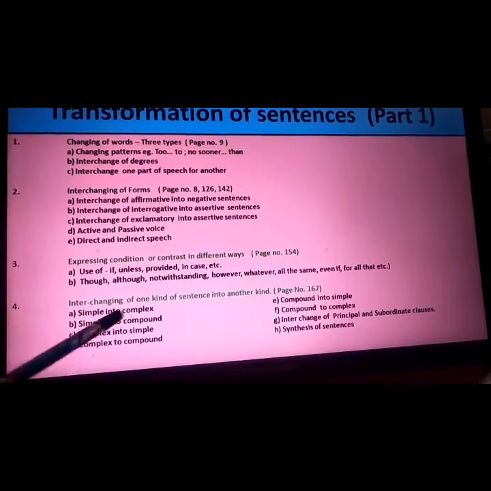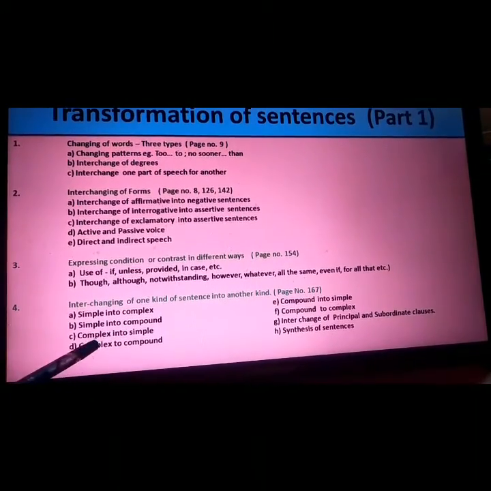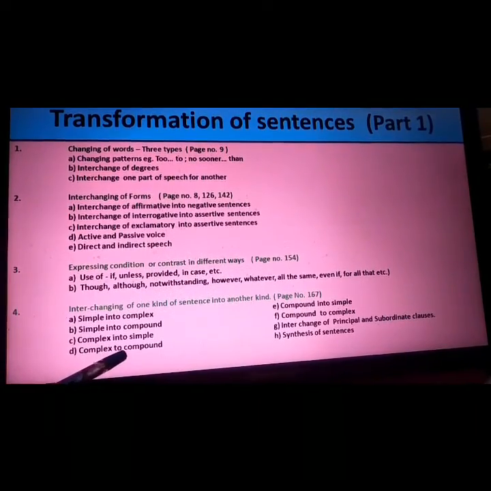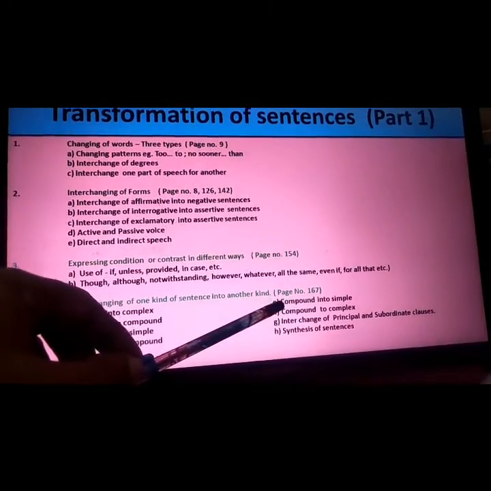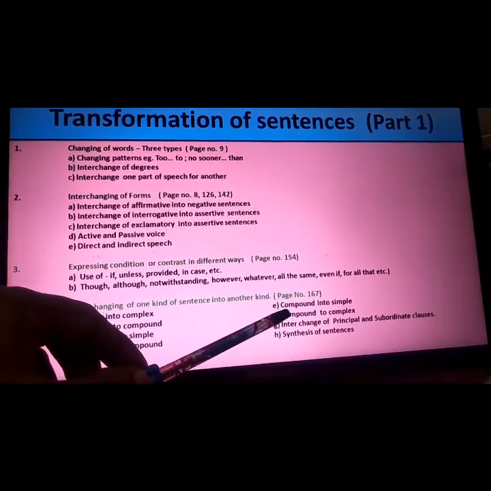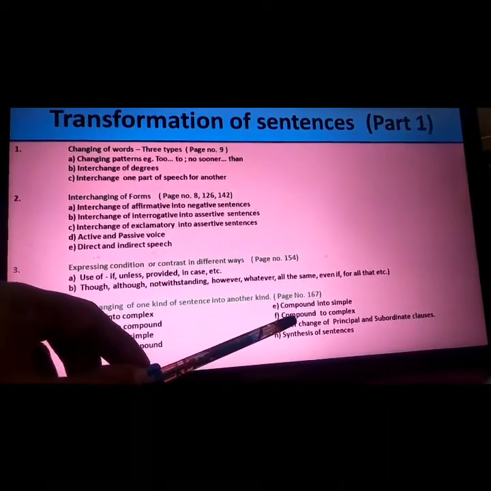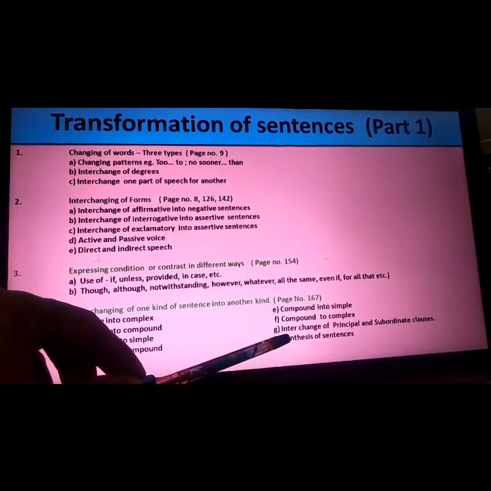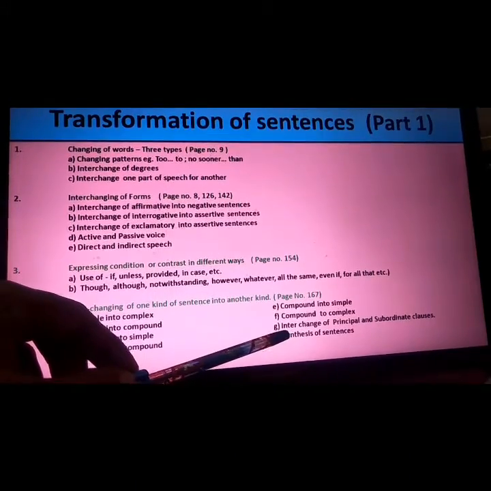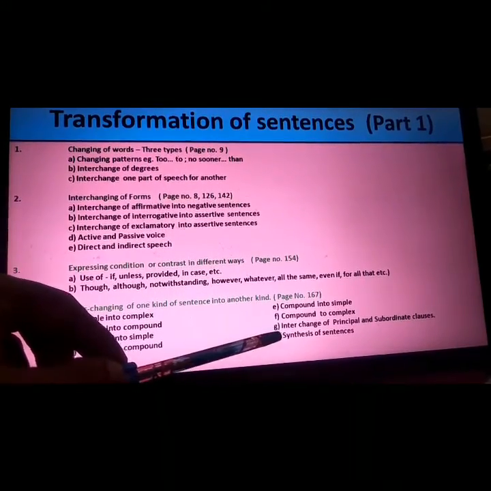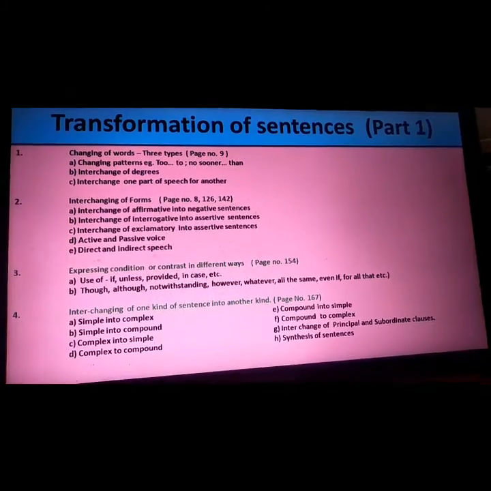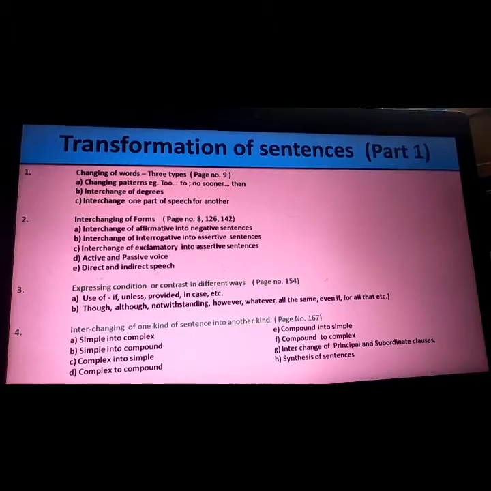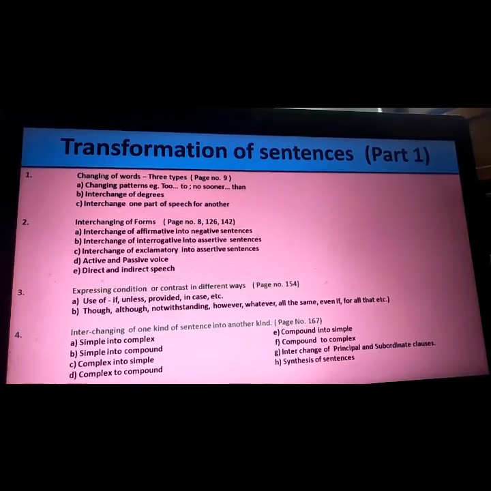Simple into complex, simple into compound, complex into simple, and complex into compound sentences, and then compound sentences into simple sentences, compound sentences into complex sentences, and then we have interchange of principal clause and subordinate clauses, then the synthesis of sentences. So this is our mind map for transformation of sentences.